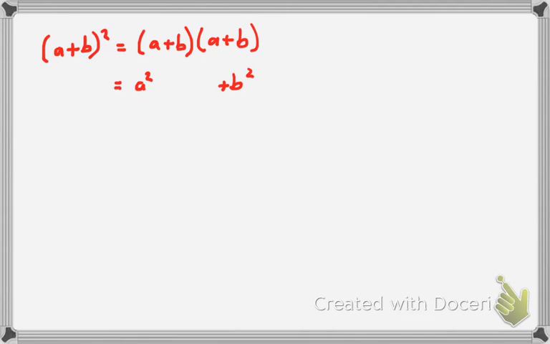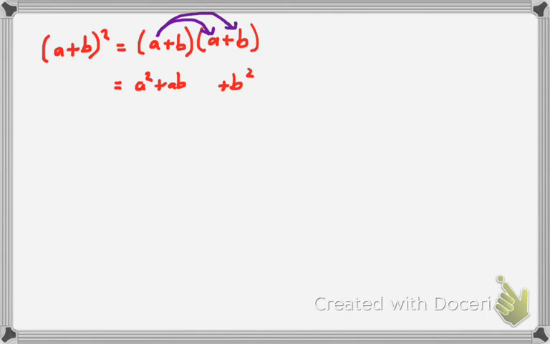Now, certainly, if you use the double distributive property I've taught you in the past, you are going to be multiplying a times a, and so you get an a squared, but you're also going to have to multiply a times b. And when you multiply a times b, you're going to get an ab. So that is often left out of this product when people attempt it.